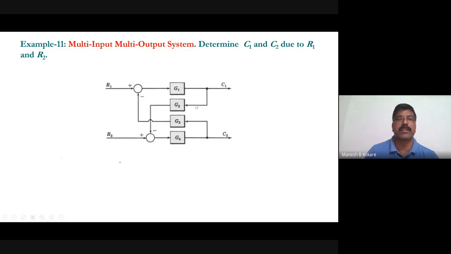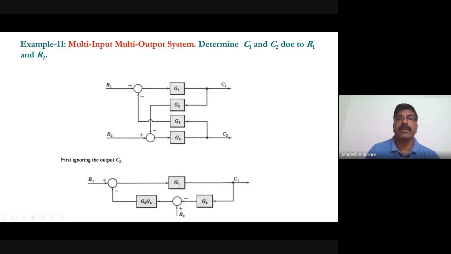Okay, so just look at this one. When you are considering R1, at that time you have to ignore C2 and R2, and then you will get this one. Z1 is this one, and then Z3, Z4 is this one. So you have to eliminate that one. So see that by considering this R2 as 0, this will be again in cascade, and then this will be like this.